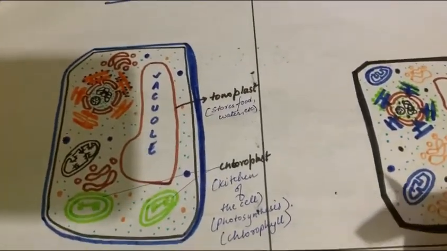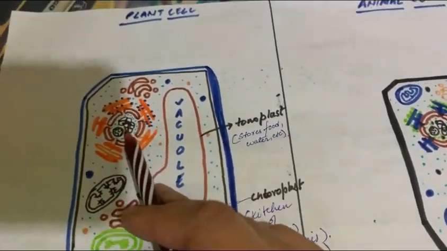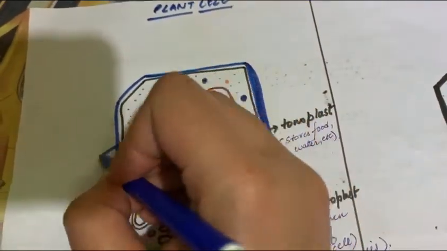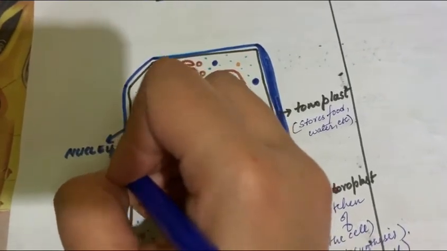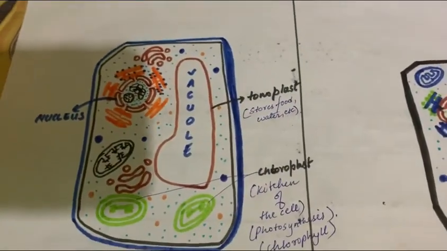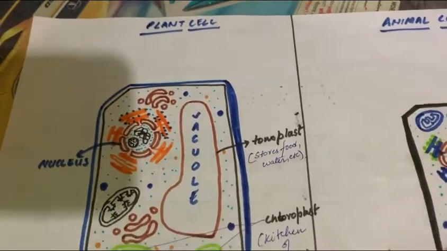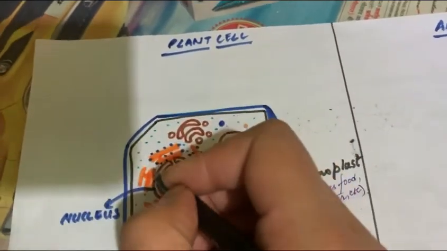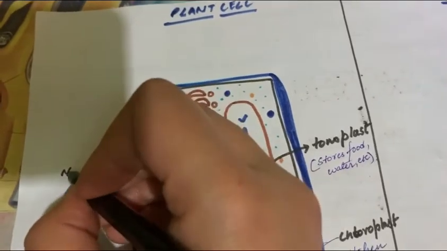Okay. Lately, if you see another structure here, what is this? This is the major brain of the cell. This is the nucleus. So what is the nucleus? It is the major brain of the cell. If we see other parts of a nucleus, we can see gaps here. This gap is called nucleopore.